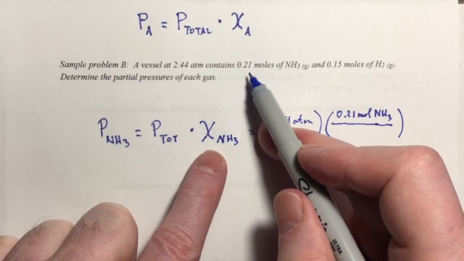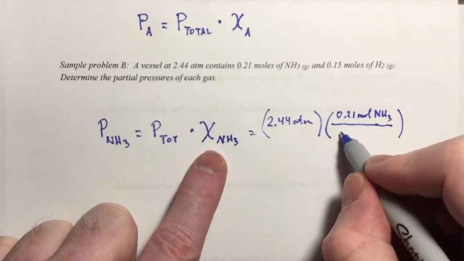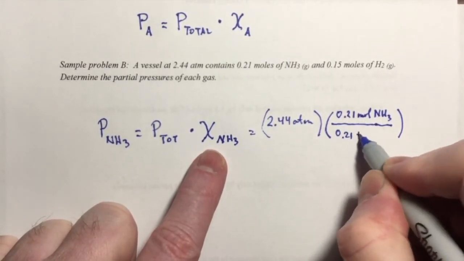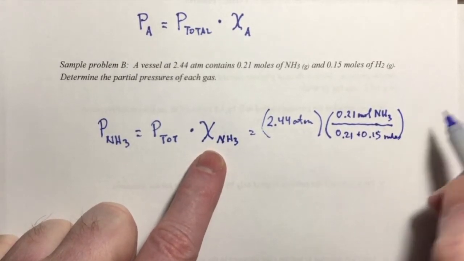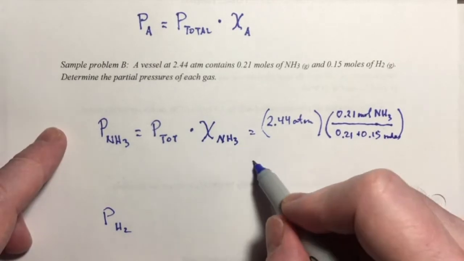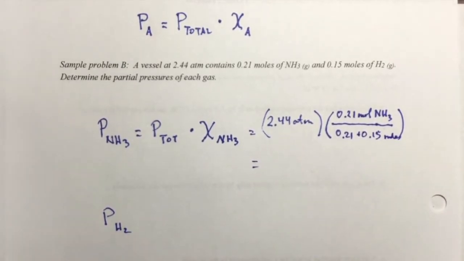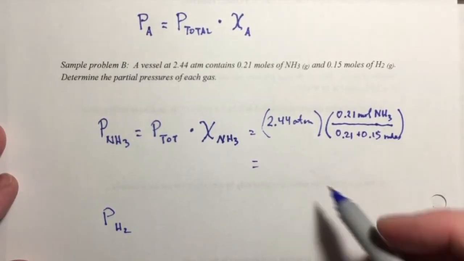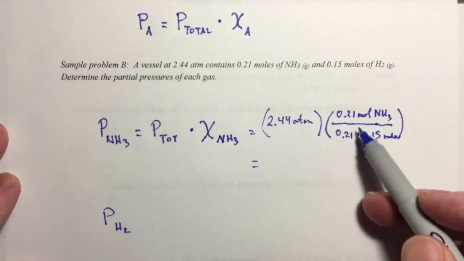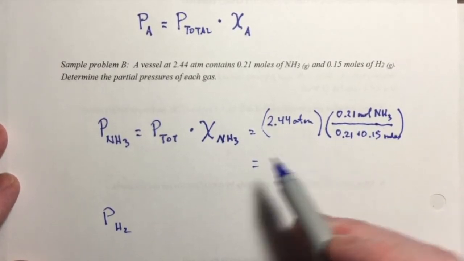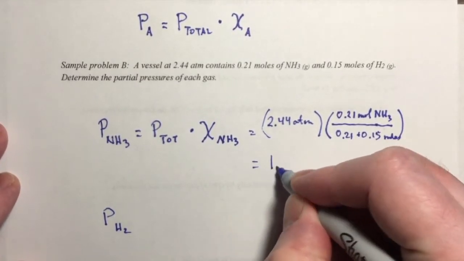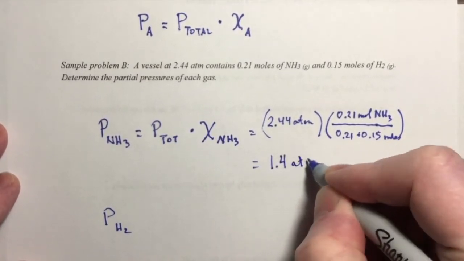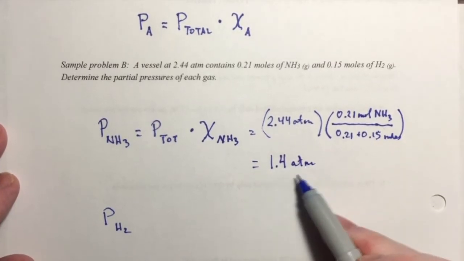So that's 0.21 plus 0.15 total, right? So if I get my calculator, I can do that math. And rounding to 2 sig figs, because of these values here, I get a partial pressure for the ammonia gas, which is 1.4 atmospheres.